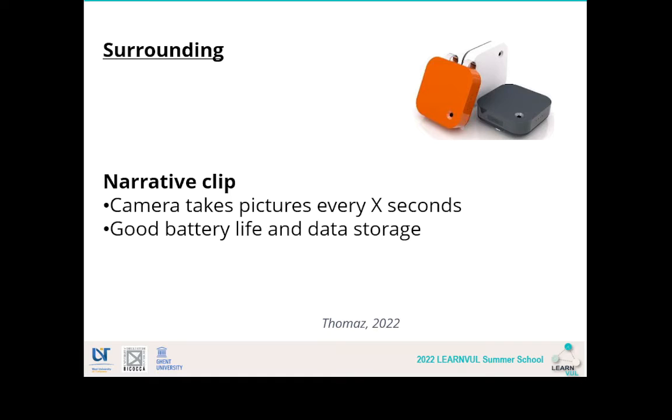Because when you ask people where are you, how many people, or use a survey to assess situations, it's always subjective, in the sense that it's the way I perceive the situation. So we try with this little camera to take pictures, so it takes mini movies, and try to understand.